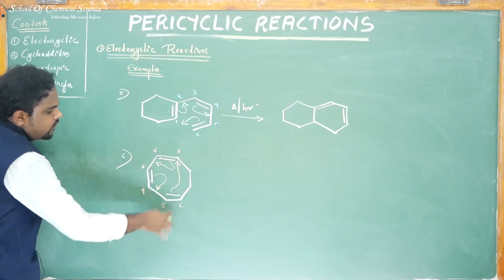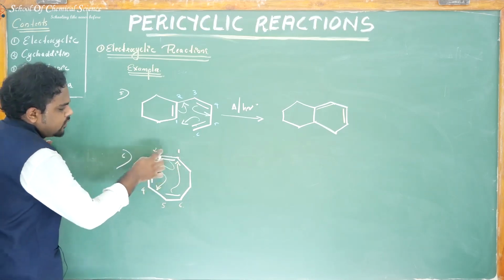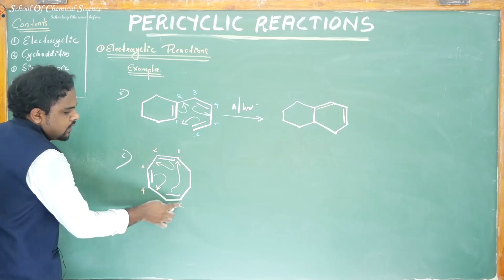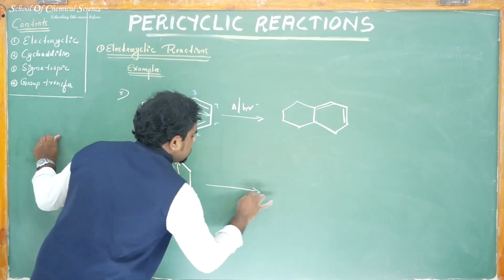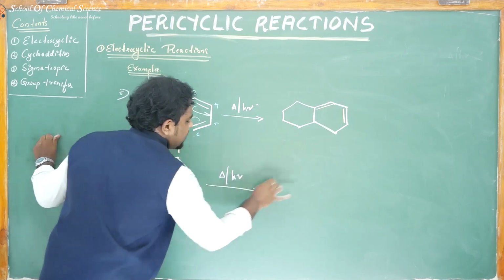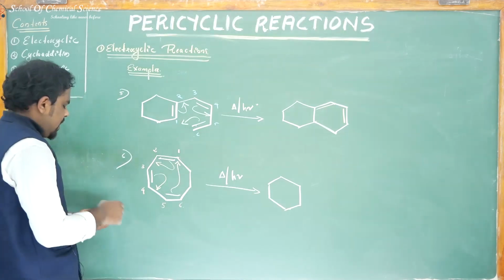So a sigma bond is formed between the first and the sixth carbon. In presence of heat or light, a six-membered ring is formed.